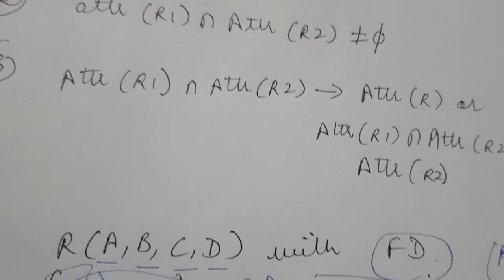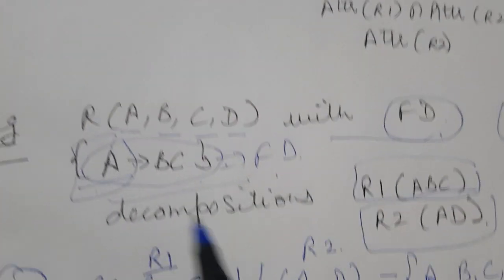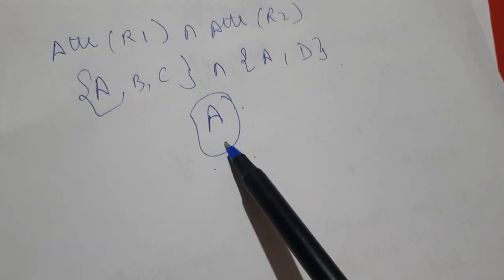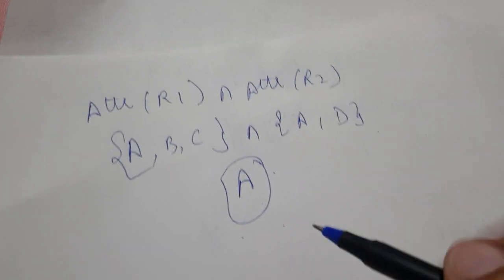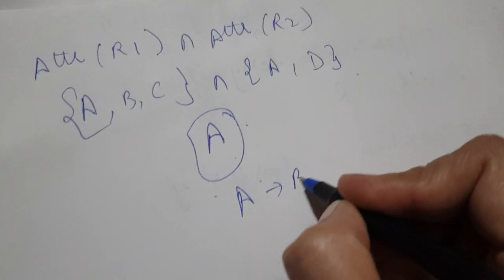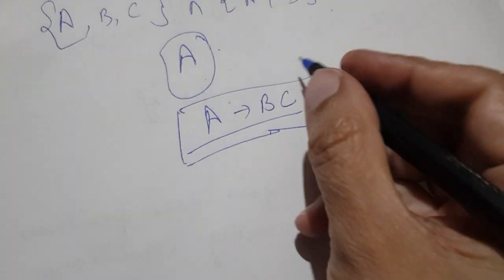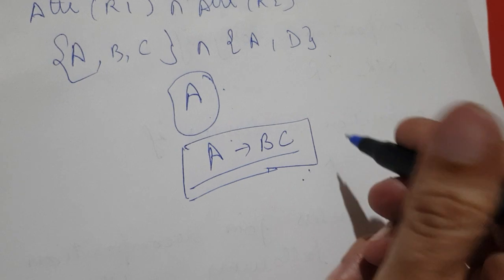This functional dependency says A to B, C, so A is a key in this case and we got the intersection A. So we can say the third condition is also true.